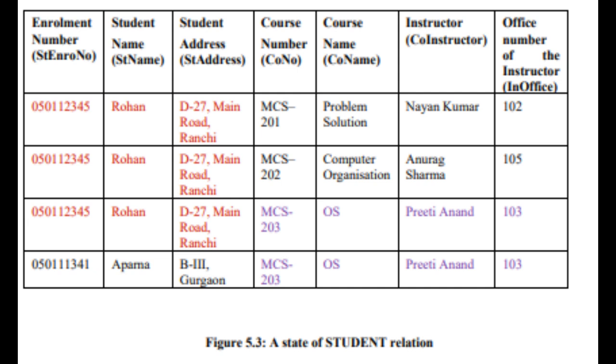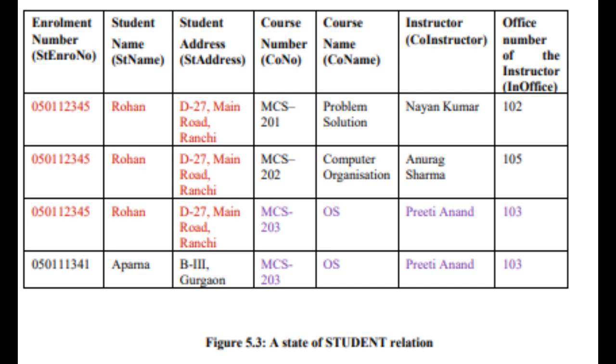Does the student relation as given in Figure 5.3 have any undesirable characteristics? You may observe that Figure 5.3 contains duplicate information in several attributes. For example, the student whose enrollment number is 050112345 has the name Rohan, and the student stays at the address D27 Main Road, Ranchi.